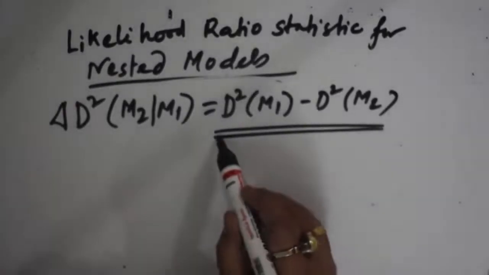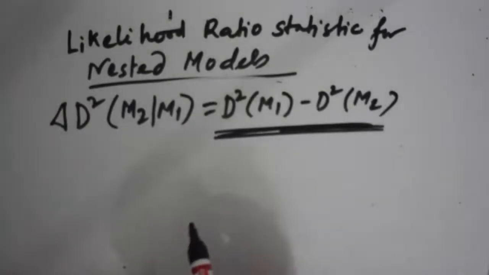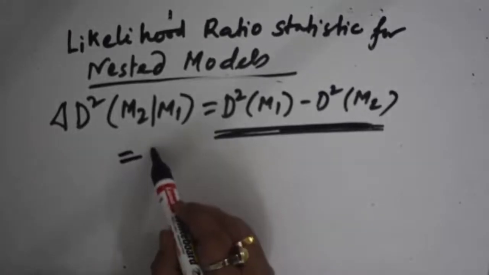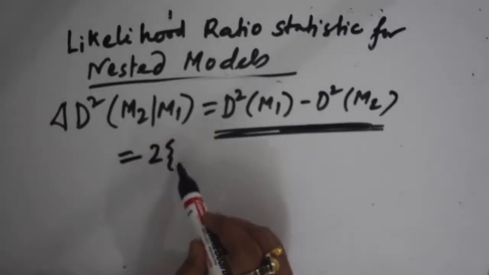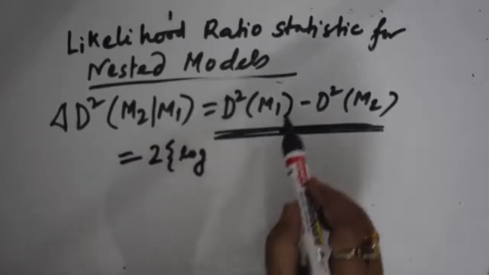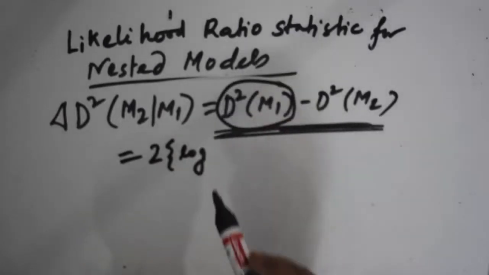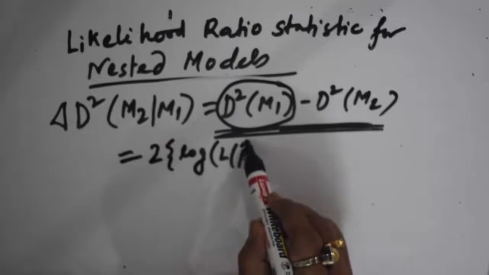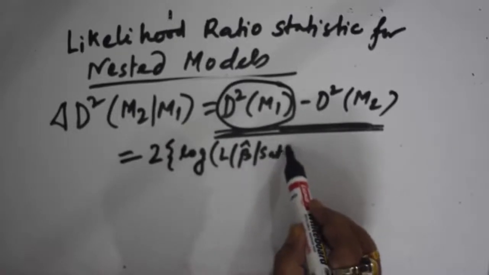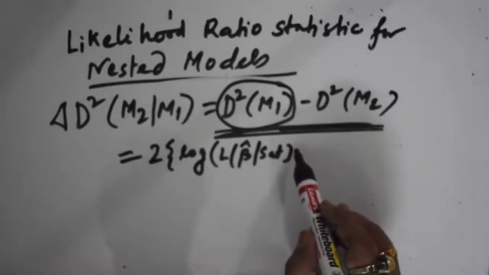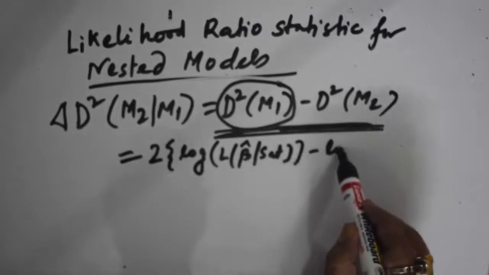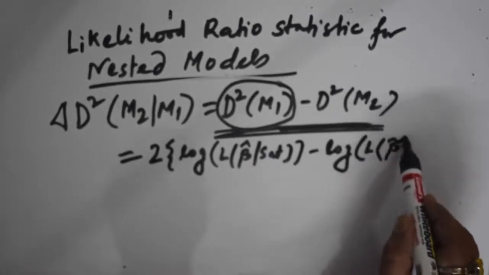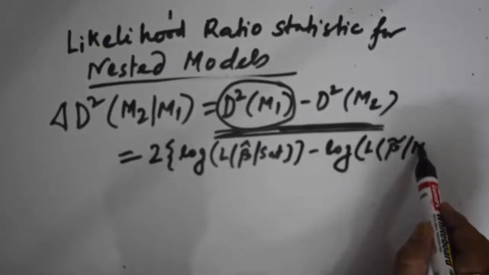So this is nothing but 2 log L beta hat for the saturated model minus log L beta tilde for M1.